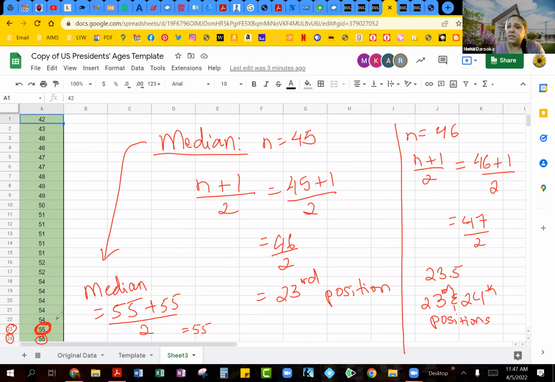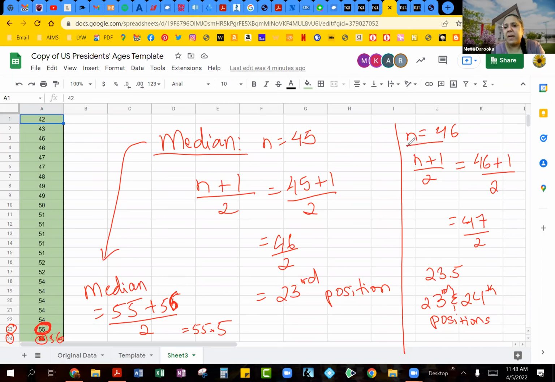But if they were different, then do the calculation, and whatever that answer comes out to be would be your median age. Let's say, instead of this being 55, what if this guy was 56? Well, then you would have added 55 plus 56, taken the average, and that would have come out to be 55.5.